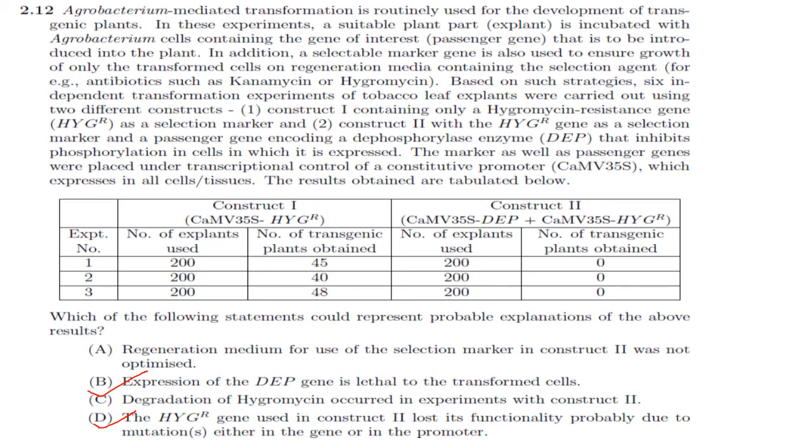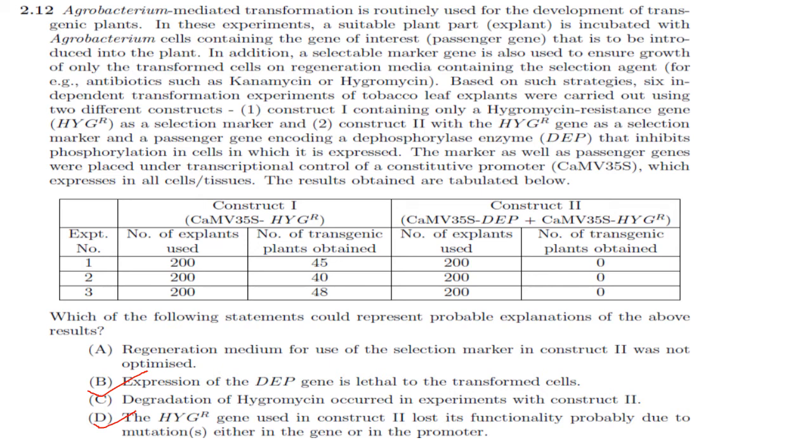So DEP, this dephosphorylase enzyme, inhibits phosphorylation of cells. So expression of the DEP gene is lethal to the transformed cells is correct. Degradation of hygromycin occurred in experiments with construct 2. That is not a proper explanation for the result obtained. The degradation of hygromycin will not occur like that when you are doing the experiment.